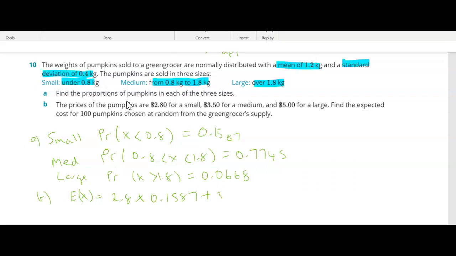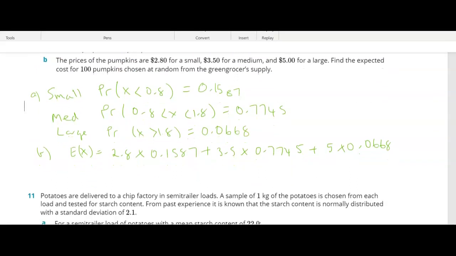And then the next one is 3.5 times your probability, 0.7745, plus 5 times your large, 0.0668. Now, that's your expected value.